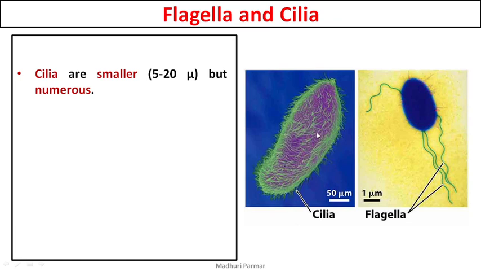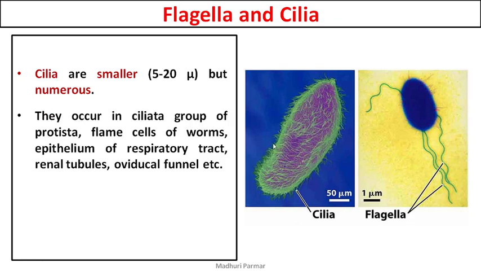Numerous, and they are small in size compared to the flagella. They occur in the ciliata group of protista. In protista, or unicellular organisms, you have a group called ciliata, which is all the unicellular organisms which have cilia. An example would be paramecium.